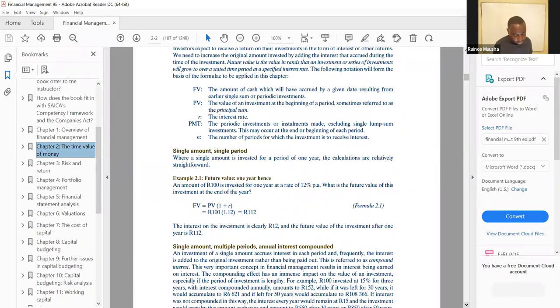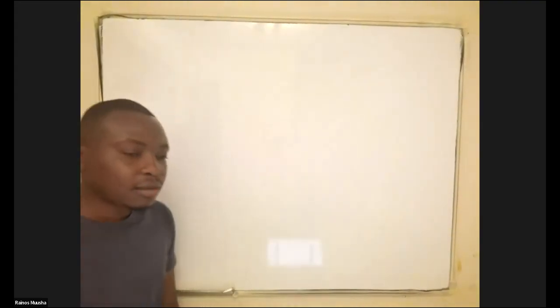They tell us that the amount of 100 Rand is invested for 1 year at an interest rate of 12%. What is the future value of this investment? To find the future value, I'm going to show you using the formula, but remember, we are going to steer away from using the formula because in the exam, as we go forward, we're going to concentrate more on using the financial calculator.